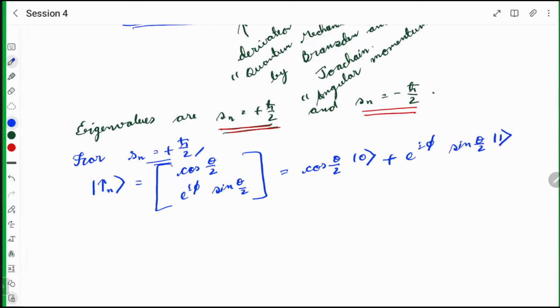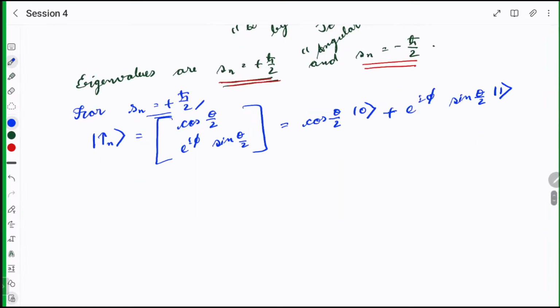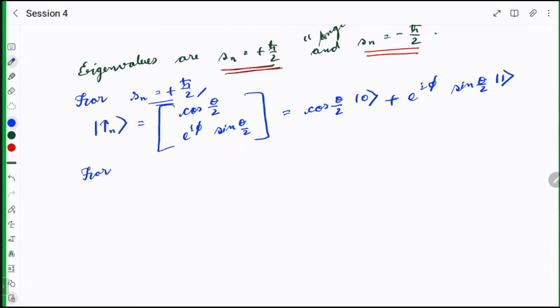And similarly for Sn equal to minus ħ/2, we get the following eigenvector: sin(θ/2), −e^(iφ) cos(θ/2).